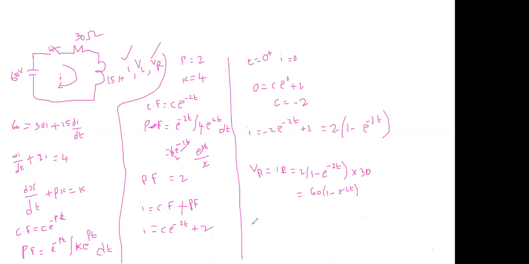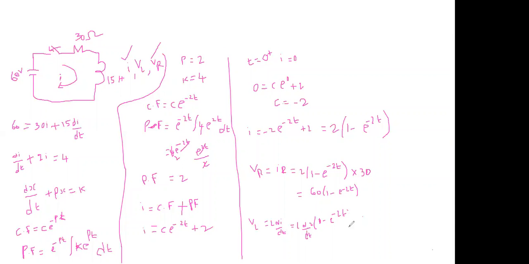Next, our aim is to calculate VL. VL equal to L di by dt. What is the value of L? L is a constant, so we write it here. d by dt of what is I? 2 into 1 minus e power minus 2t.